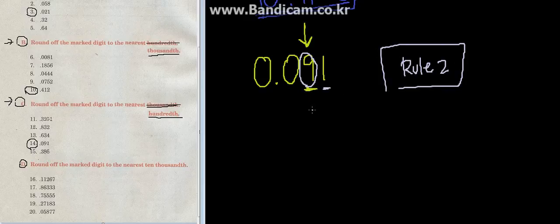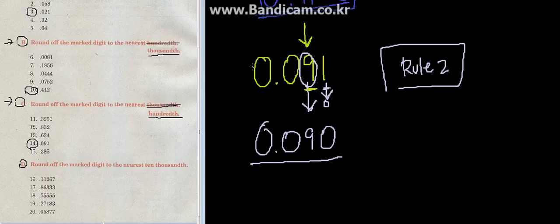So we follow rule 2 here. 9 just retains its original value, and 1 is replaced with a 0. So when we round off this number to the nearest hundredth place, the result is 90,000. Okay, that's the rounded off number.